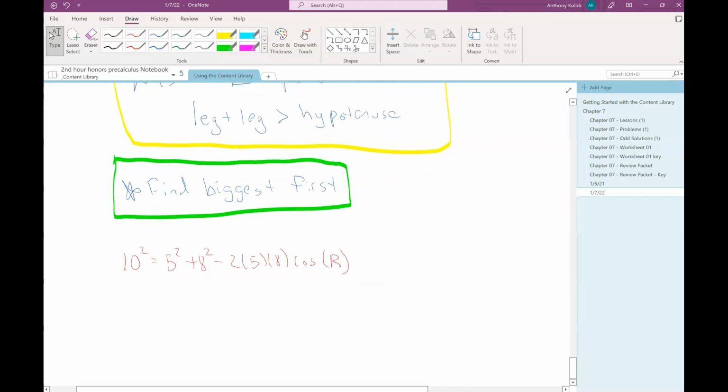So just as a quick summary, law of cosines, if you're finding an angle, find the biggest angle first. Law of sines, if you're finding an angle, you find the smallest angle first. That'll avoid ambiguous cases for you. Now you need to remember that, but it's not complicated, just something else to remember.